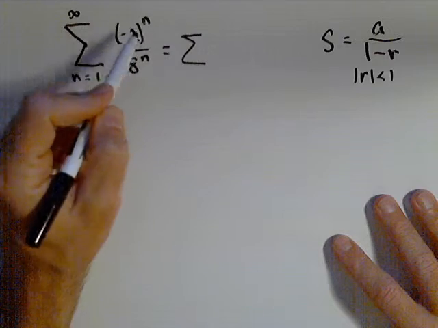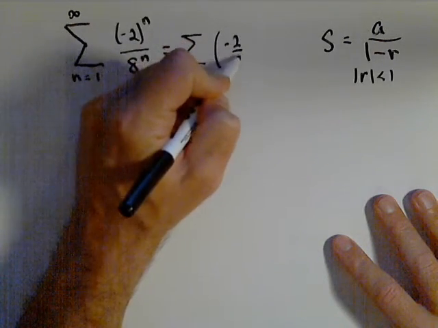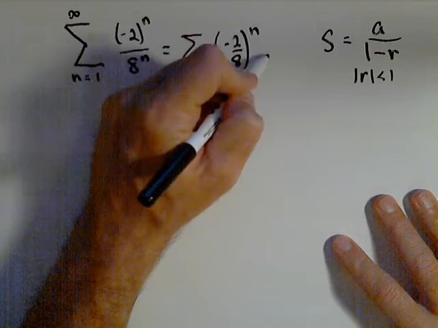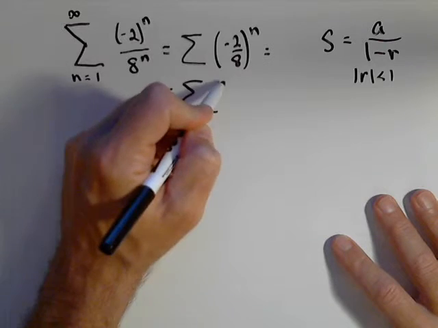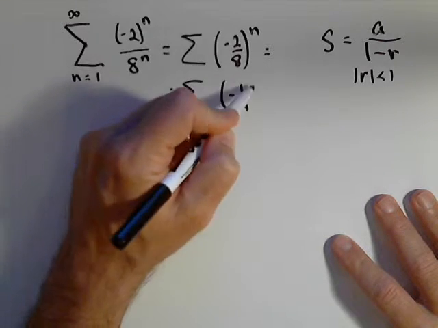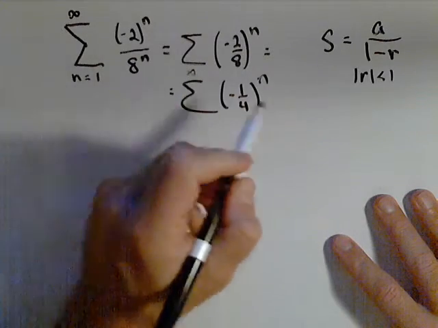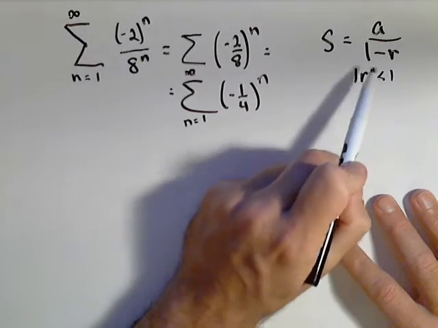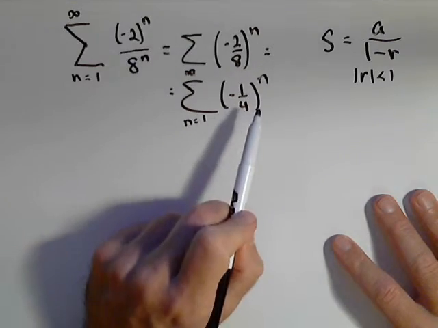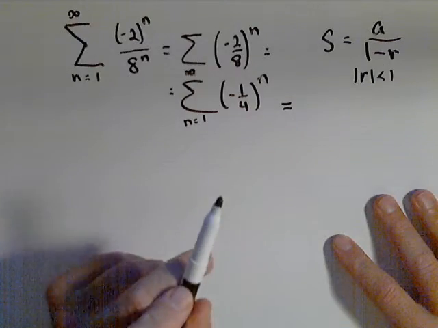By properties of exponents, since these are both to the n, I can write this as -2 over 8 to the n, or (-1/4) to the n. The absolute value of that is in between -1 and 1.